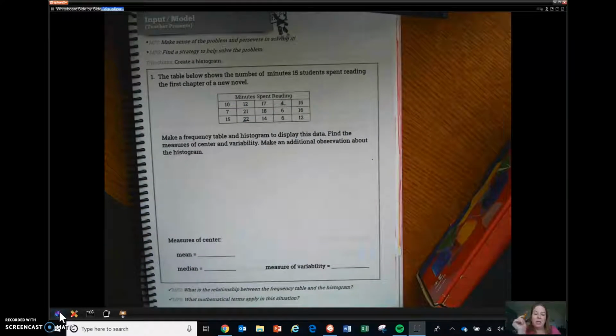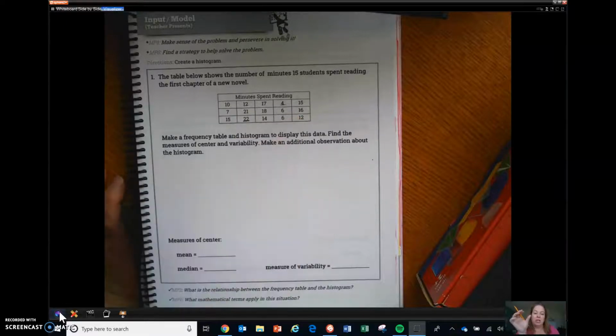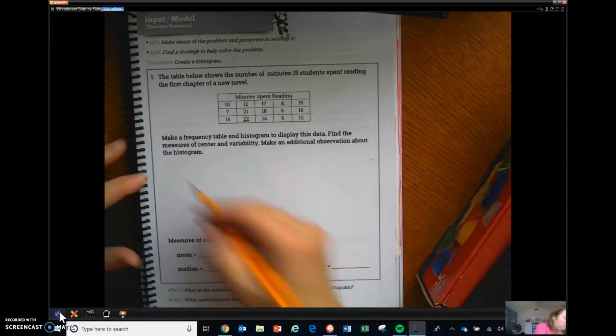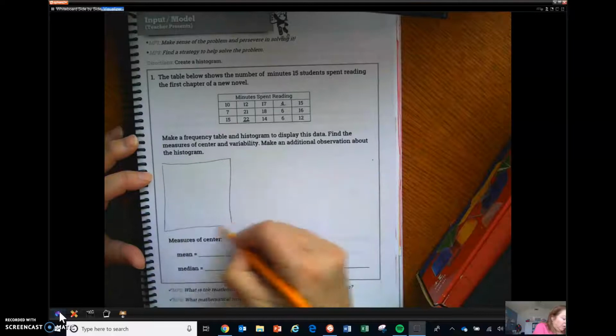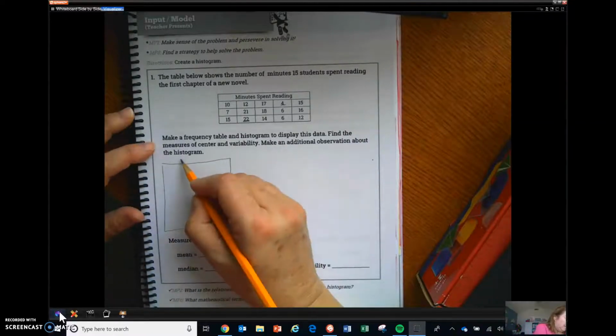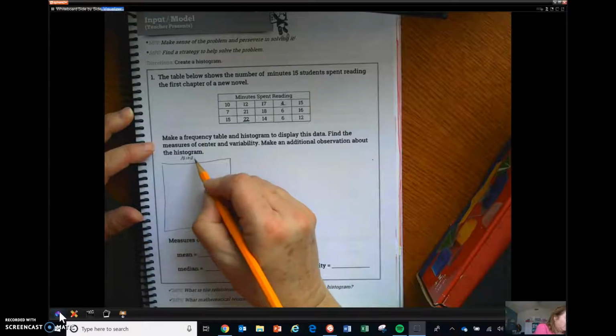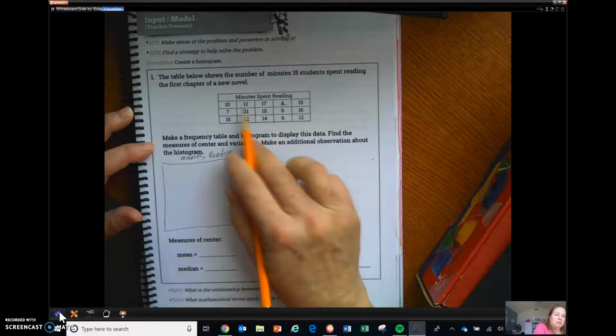So what we want to do is find, these are the answers to our question. We want to actually show that on a frequency table and a histogram. So for the frequency table, we're going to make a table like this. You always want to title your tables, minutes reading, you could say, or you could show it up there too.